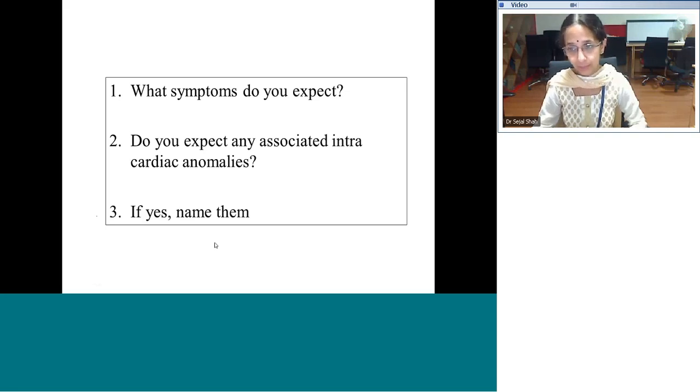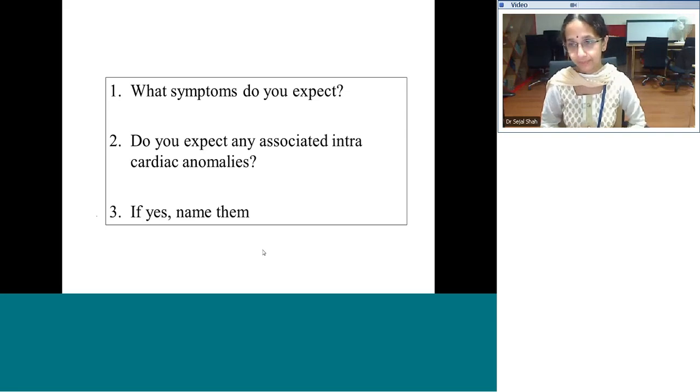So I feel dyspnea is going to be unlikely. Upper airway obstructive lesions, yes. Do you think any intracardiac association is common? Collaterals to right lung? Why do you think there will be collaterals? Because the course is anomalous? Okay, VSD.